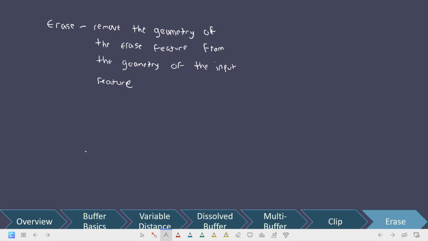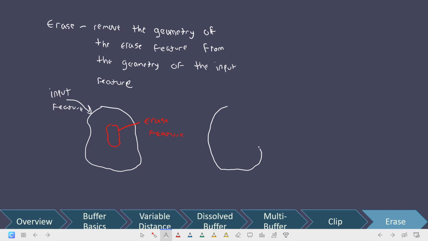Right. And so if we were to go draw two shapes like we did before, our input feature and, in this case, our erase feature, and we were to run erase on this, what we would get as a result would be the exterior of the input feature with a hole in it.